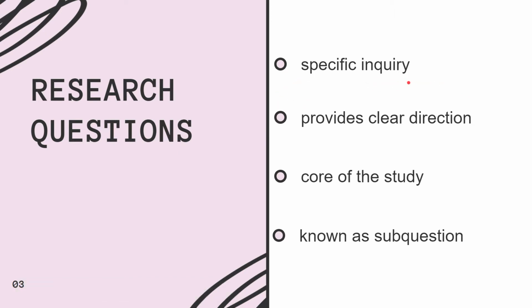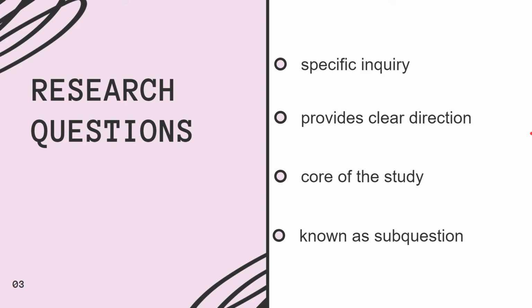When we say specific inquiry, we are not going to ask broad questions. We are going to ask questions that are specifically in line with our research problem. Next, it provides a clear direction.